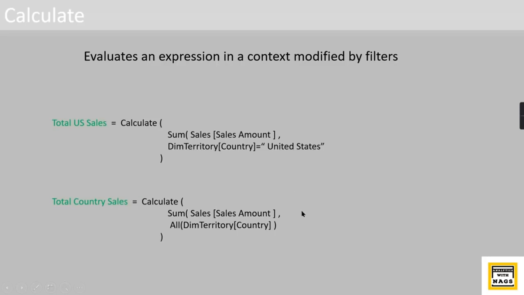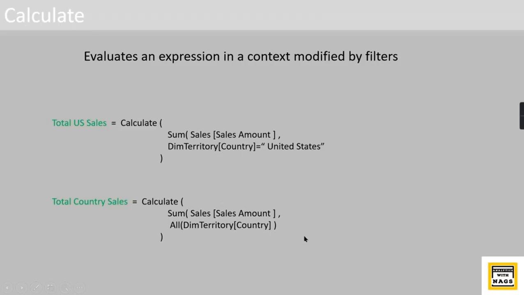Similarly, in another example, CALCULATE evaluates the sum of sales amount for all the values in the DimTerritory country column. Whatever filter context is applied, ignore those, and calculate all the values in this country column.